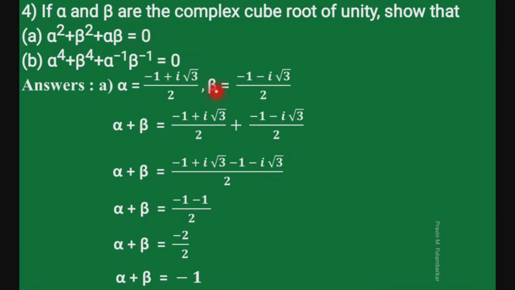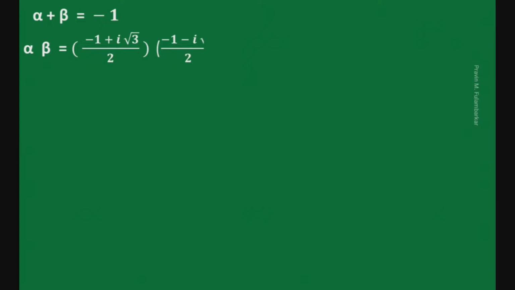Then we find alpha into beta. So we substitute the value of alpha and the value of beta. Here alpha is minus 1 plus I root 3 by 2, beta is minus 1 minus I root 3 by 2. So here we multiply denominator terms. So 2 into 2, 4. So we write in denominator 4. In numerator we use the form a plus b, a minus b. Here the value of a is minus 1 and the value of b is I root 3.